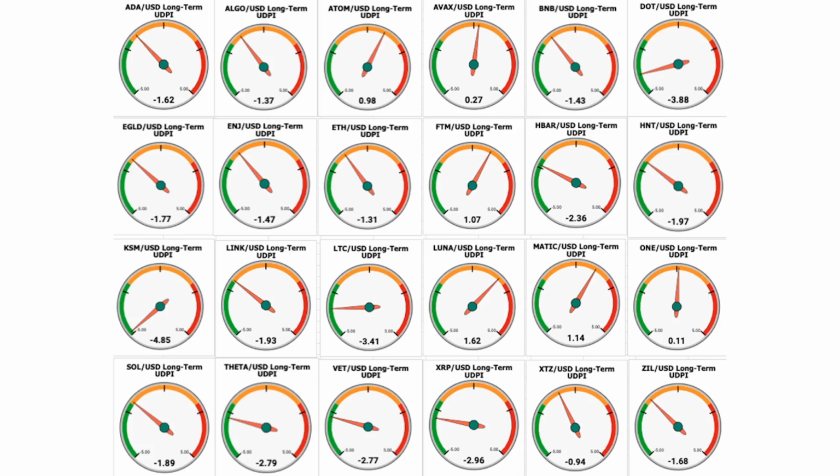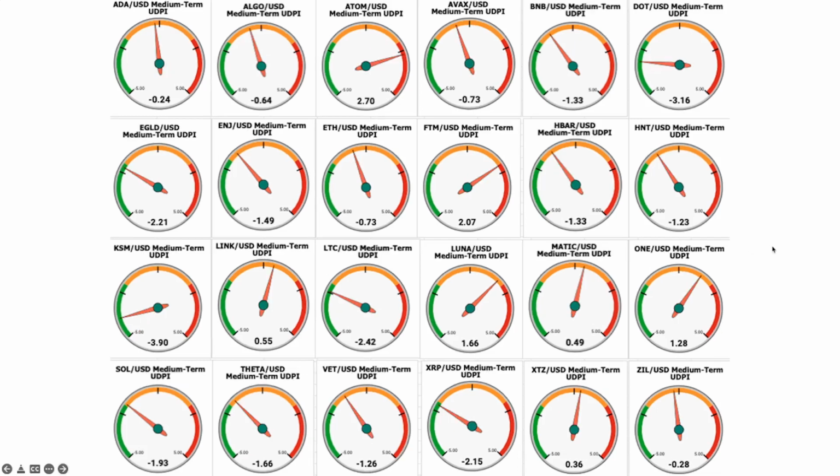If we go over to the medium term, we can see that the situation starts to change a little bit in some ways, but it's similar in other ways. Particularly, it's similar to the downside, meaning the low risk, low UDPI readings, KSM and DOT especially, are still quite low risk on the medium term, just like they were on the long term. But we also see some higher risk readings starting to emerge on the medium term that were not there really on the long term.